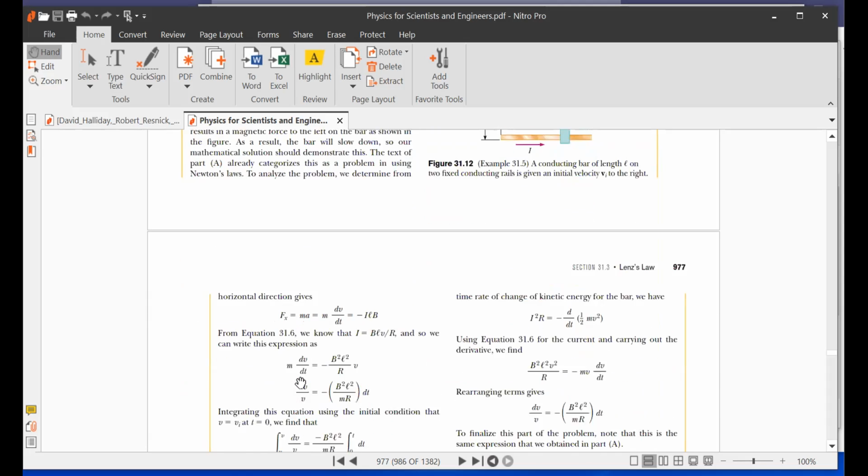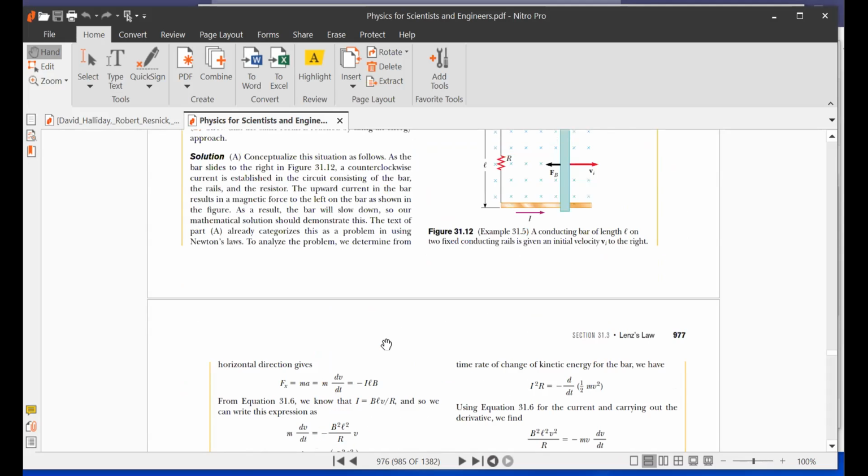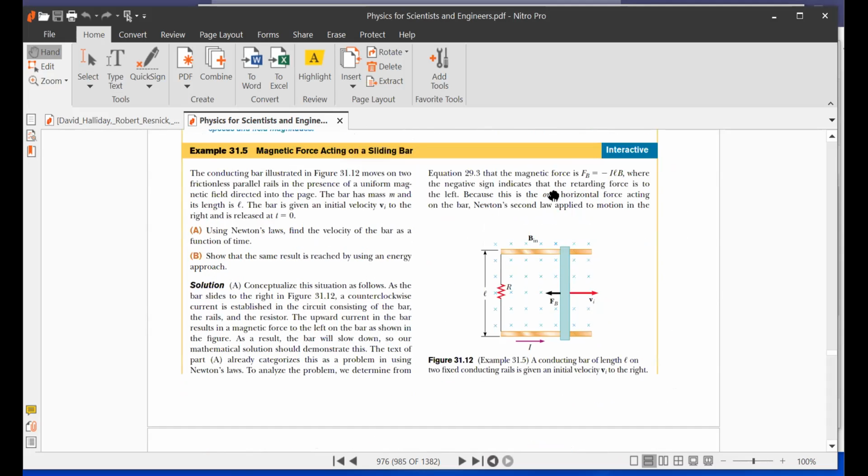For part A, this bar moves from this vi to the right without us pulling or pushing, without an external force.